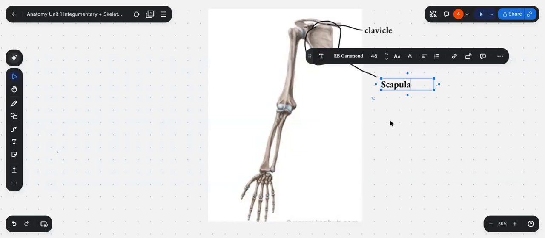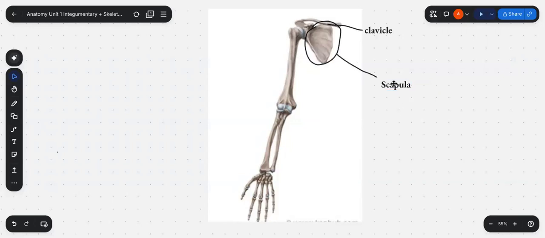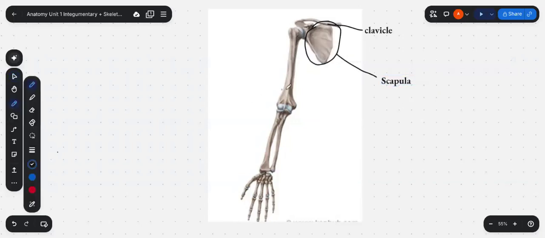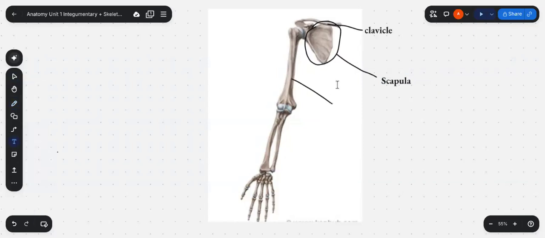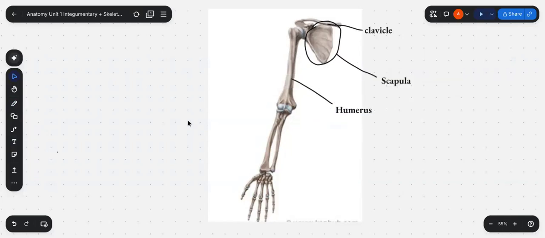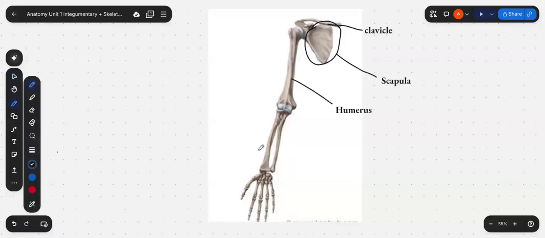In anatomy terminology, it is your scapula. And then this large bone over here where your biceps and triceps are going to lie, that is going to be your humerus. So right over there.